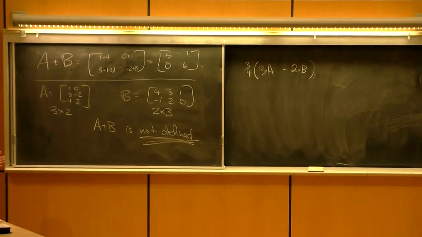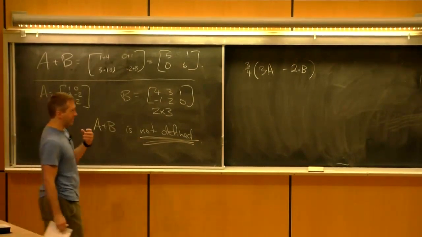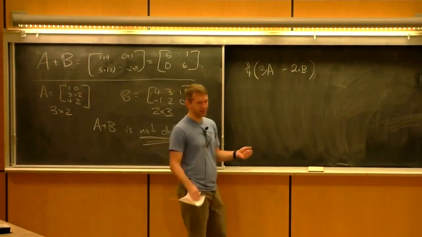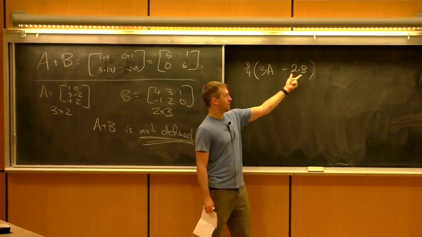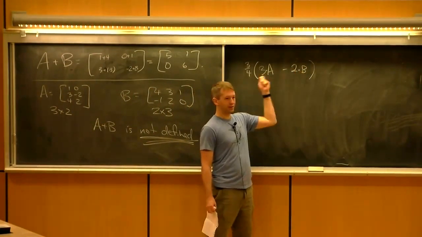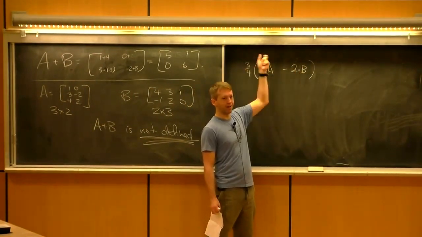Where things start getting tough is matrix multiplication. Yeah, exactly. You have to think of the right order of operations, but that's exactly what you would do. I'd apply the multiplication here, I'd apply the multiplication here, I'd then do the subtraction, and then I would multiply at the end. Yeah.